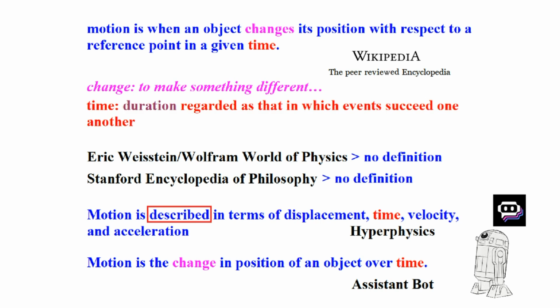So they haven't defined the word motion. And the bot tells you right in your face: it's the change in position of an object over time. What is change? What is time? Well, we already covered that. It's motion. So we have no idea what motion is from any of these people. No one in mathematical physics knows what motion is, can tell you what motion is.